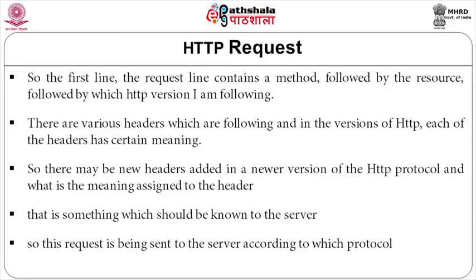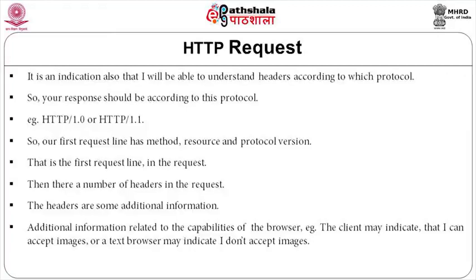So there may be new headers added in a new version of the HTTP protocol, and what would be the meaning assigned to it? That is something which should be known to the server. So it mentions, yes, this request is being sent according to so-and-so protocol. It's an indication also that yes, I will be able to understand this protocol. So your response must be in this protocol.